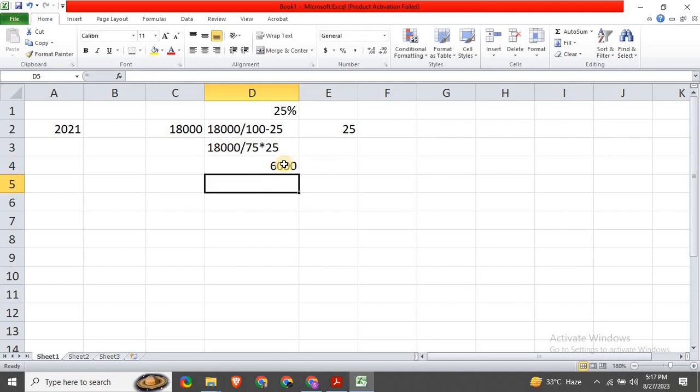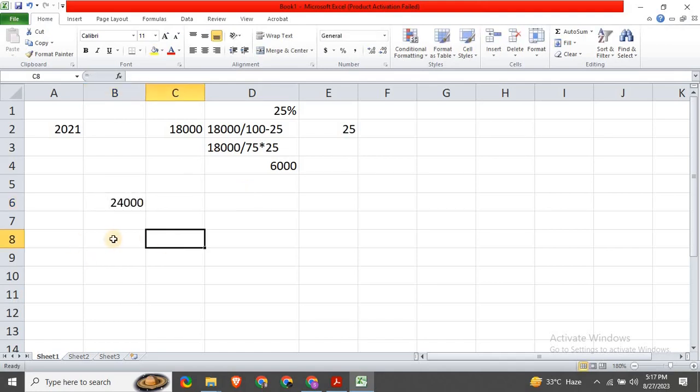So in 2021 the depreciation amount is 6,000. So the total value of the asset before subtracting depreciation was 18,000 plus 6,000, which is 24,000.